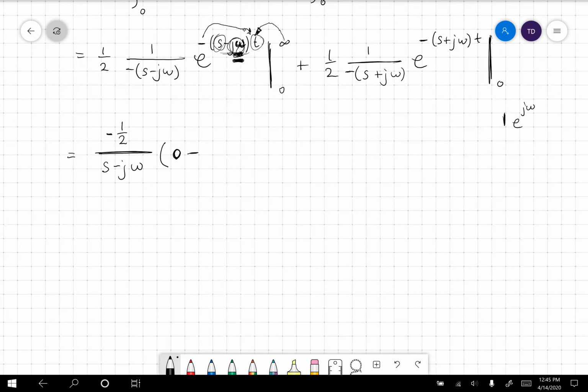When t is equal to 0, again, I have a 1 there. Same thing's going to happen on the second one. Plus numerator, negative 1/2. So I've taken care of the negative sign here and the 1/2. That's plus j omega. And then I'm going to end up with the same exact thing over here. I'm going to end up with 0 minus 1.